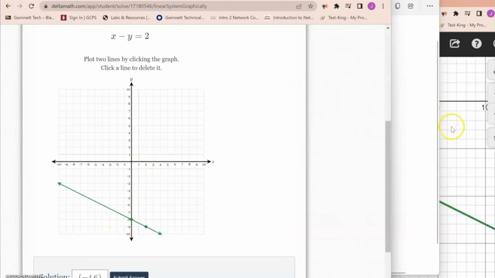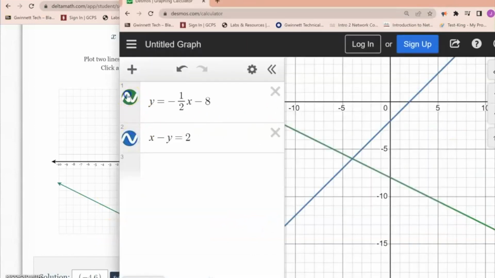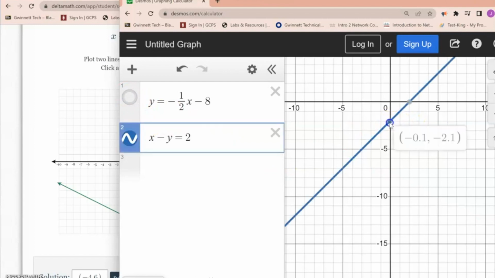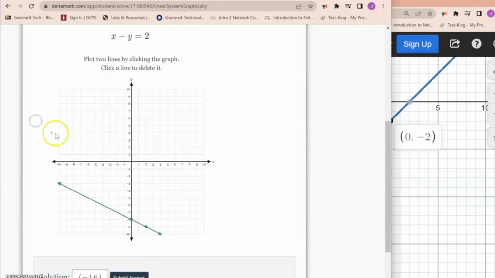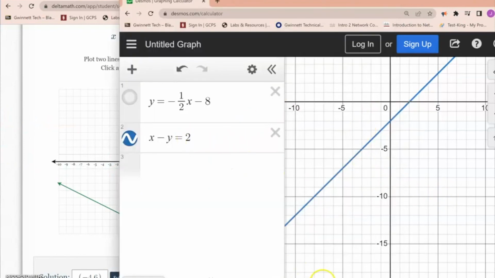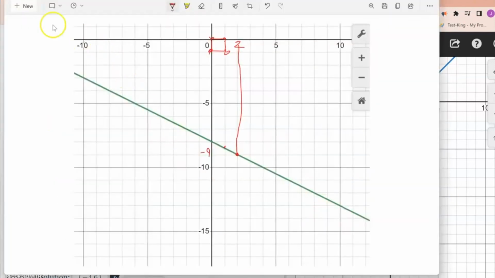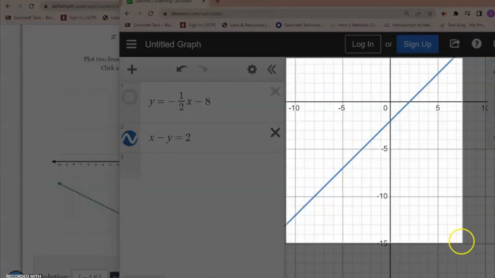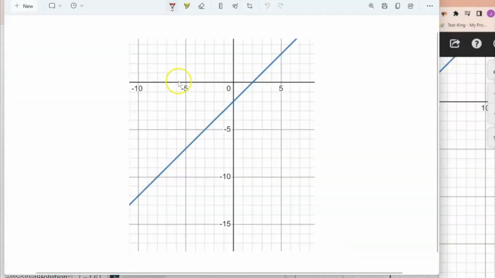Then you're going to go to your second one, highlight it, and hide this one. Again, your y-intercept is easy: (0, -2). So my second line is (0, -2). Then you're going to find a corner. I'm going to show you a corner one more time. It's going up by ones, so be careful how it's going up.